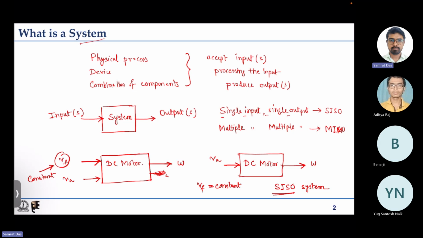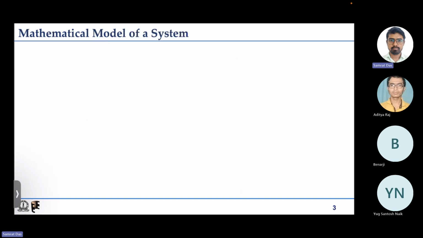So the DC motor, if we are operating with field voltage as constant, has one single input, that is the armature voltage, and one single output, that is the speed. So that is about what we mean by a system. Again I'm repeating, it's a physical process or device or combination of components that accepts one or multiple inputs, processes them, and produces some output. That is overall what we mean by a system.